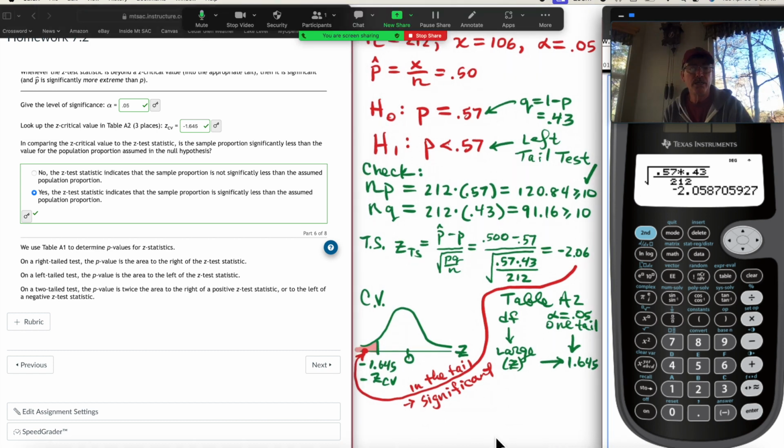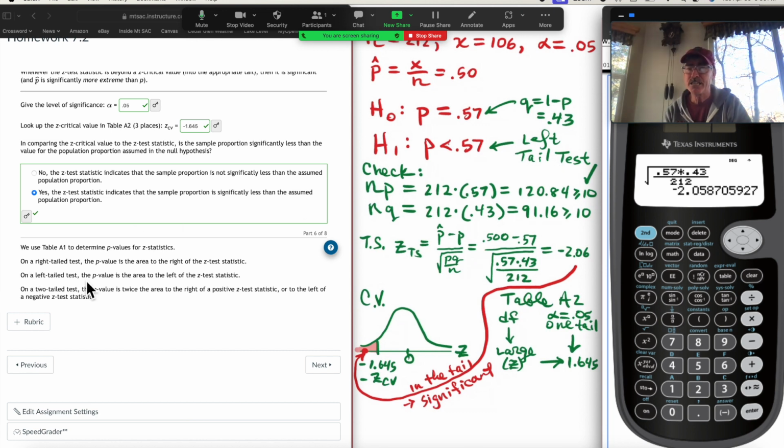Okay, so next thing here is we need to work on our p-value. So here it says we use table A1 to determine p-values for z statistics. On a right-tailed test, the p-value is the area to the right of the test statistic. But remember, we're doing a left-tailed test.